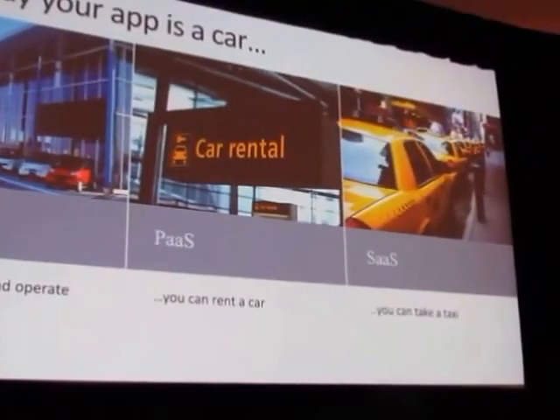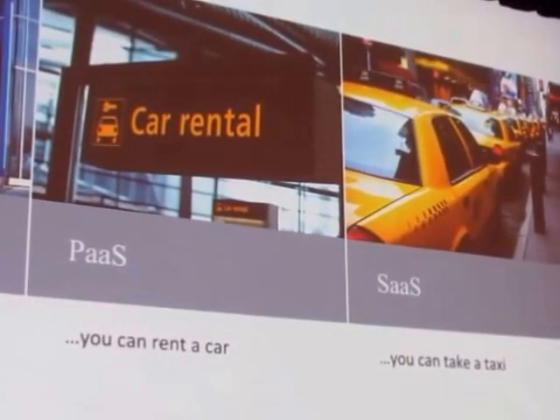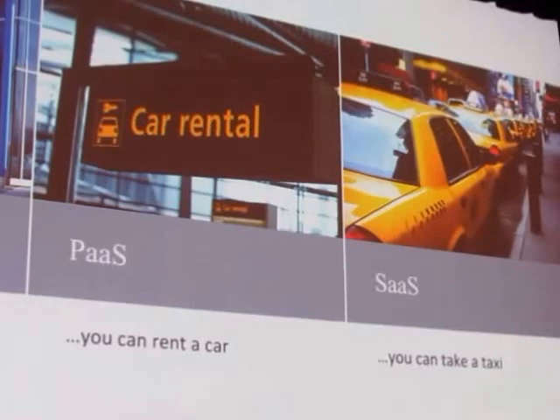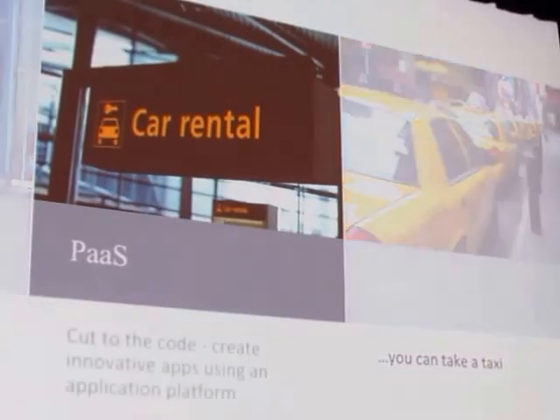Move up to PaaS, you can now rent a car. So you're still in control of the car, but you're not having to deal with all the complexities of ownership. And then you can move all the way up to SaaS, if you think about something like Office 365, where you're not writing the application, you're just using the application that's served in the cloud.